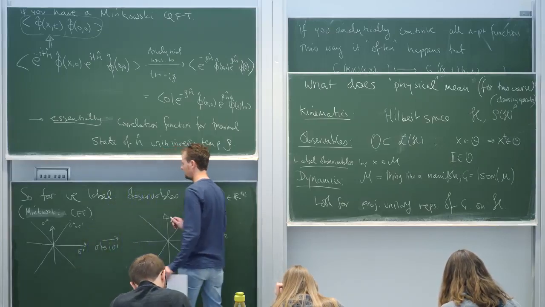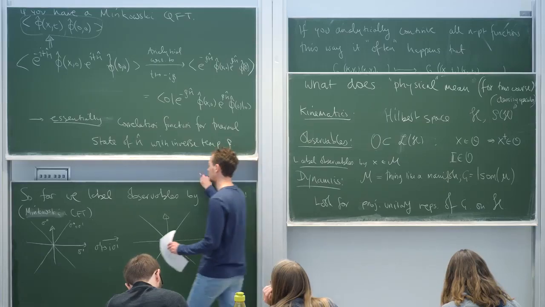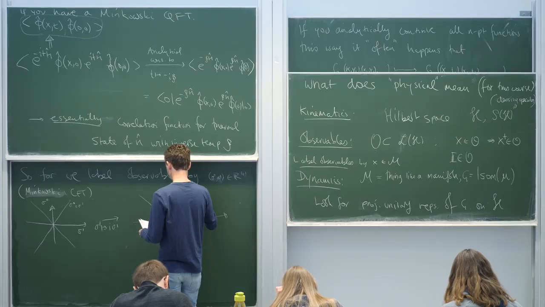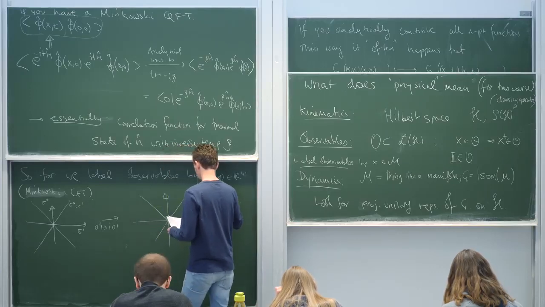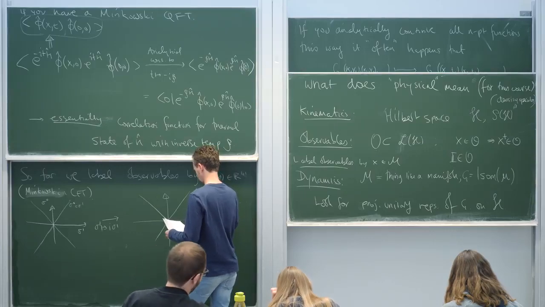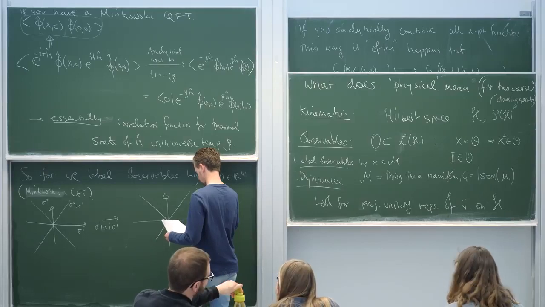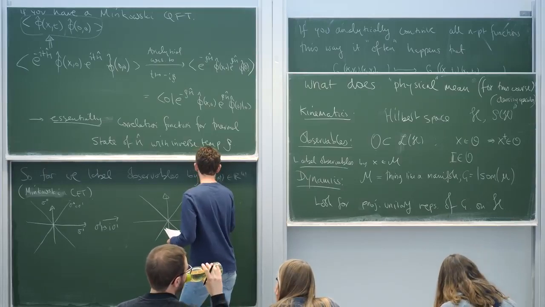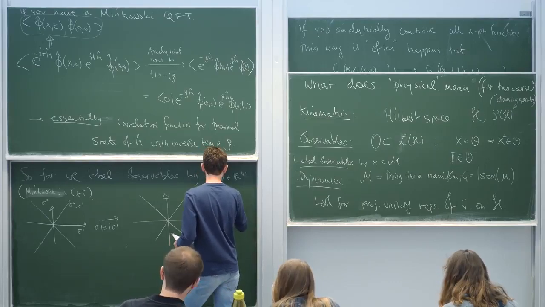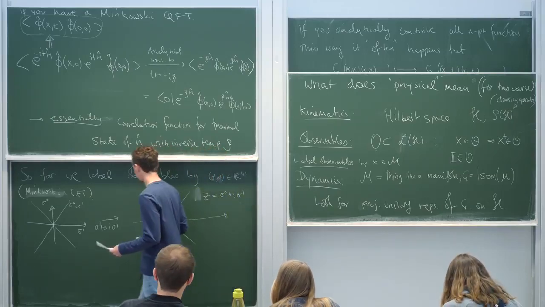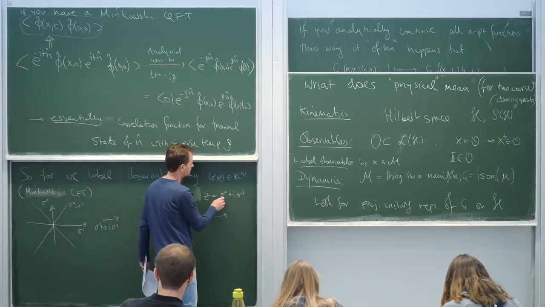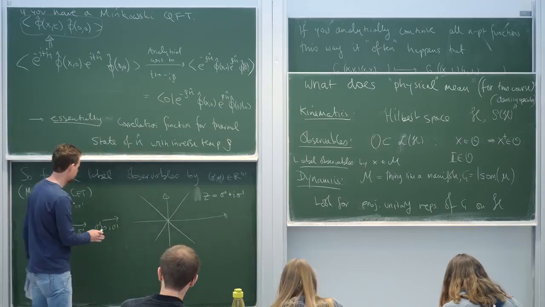And we define new complex variables. We're going to define a new coordinate z, which is sigma naught plus I sigma 1.